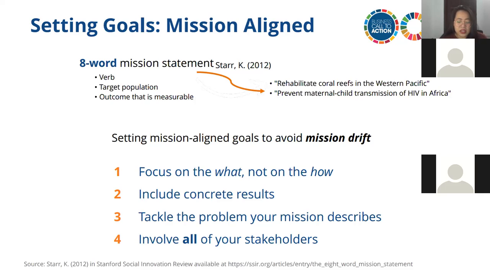You develop key messages for different stakeholders that produce concrete results. Number 3, you tackle the problem your mission describes, by creating tactics that will serve your mission statement. And lastly, you have to involve your stakeholders because this will allow you to measure the results of your impact as well.